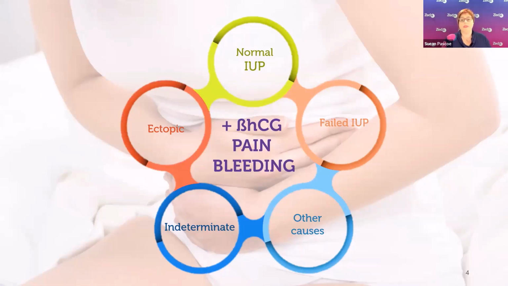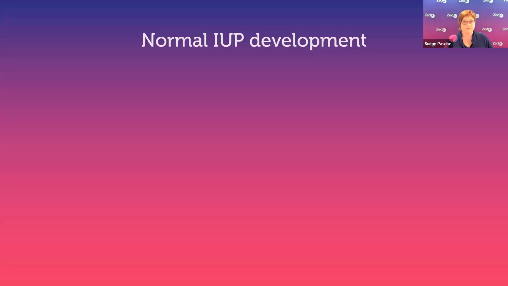For a woman with an intrauterine pregnancy of uncertain viability, the answer is central in deciding whether we're going to proceed with evacuation of the uterus or not. And for a woman with a pregnancy of an unknown location, the answer plays an important role in deciding whether to initiate treatment for a suspected ectopic pregnancy.